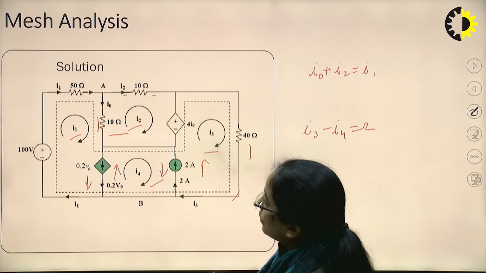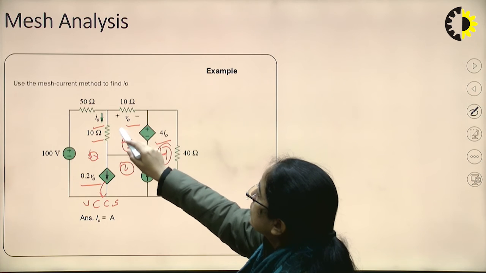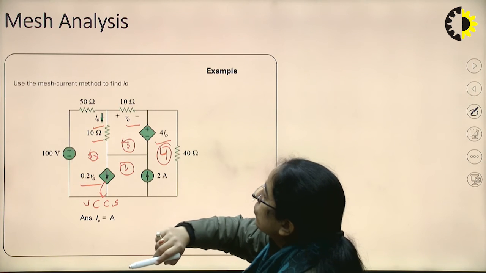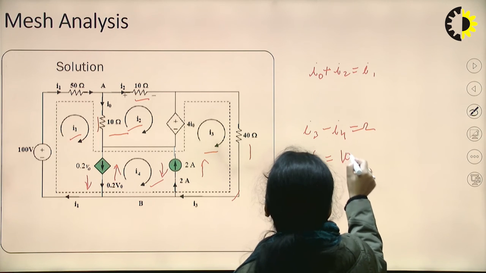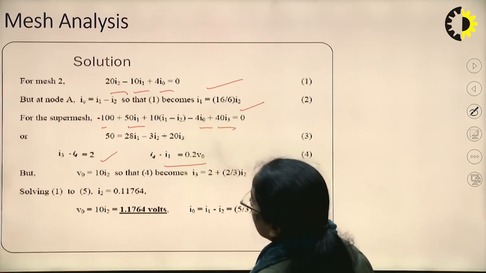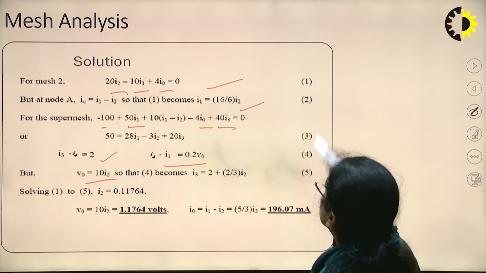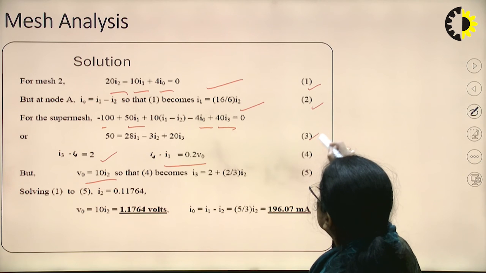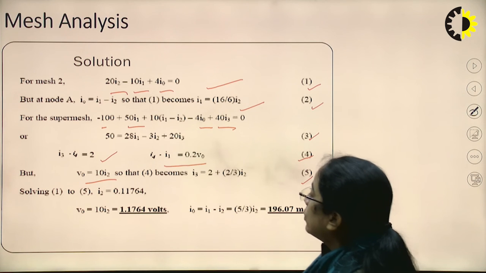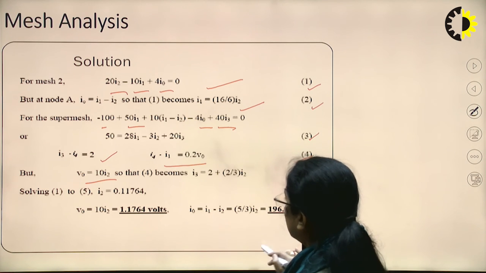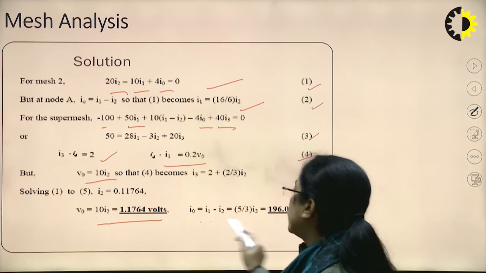Also, what is V0? V0 is the voltage here, so V0 can be written as 10 into I2. So now we have equations 1, 2, 3, 4 and 5. We will solve these equations and then we can calculate V0 and I0.